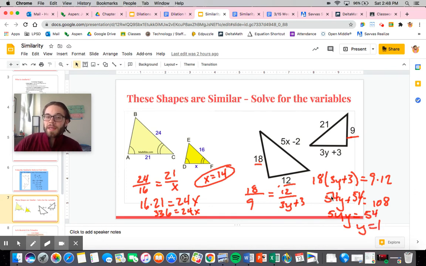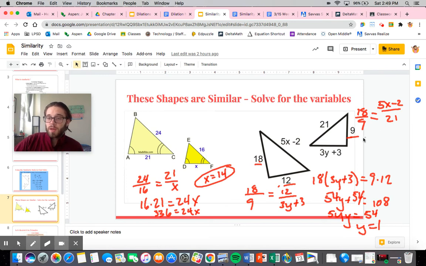Okay, now I still need to solve for the x. So again, I still know it has to be 18 is to 9. But now instead of doing the 12 is to this, I'm going to do the 5x minus 2 is to 21. Now again, you need to be careful because if you don't put the right one on top, it's going to be incorrect. So if you're putting this one on top on the first side, you put this one on top on the second side.